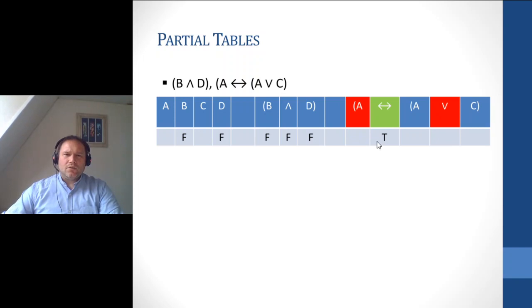So really, in order to get this true, we're going to have to figure out how to make this part true. But of course, how do we make this part true? Well, this is going to be true when at least one of these two parts is true. So suppose we assign true to A. Okay, cool. So we've secured truth over here, and we're going to have this be true as well.